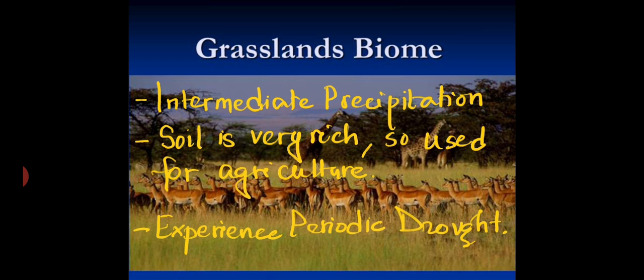They lack trees because they lack sufficient annual precipitation and experience periodic drought. Grasses are able to thrive well because they require less water than the trees, and many species of grass send their roots deep into the earth, drawing sufficient moisture.